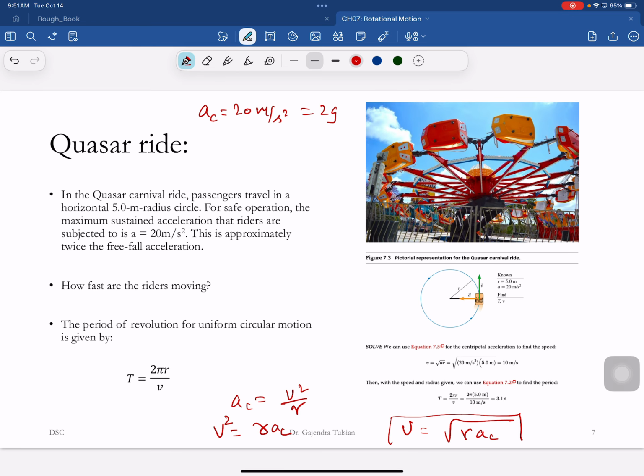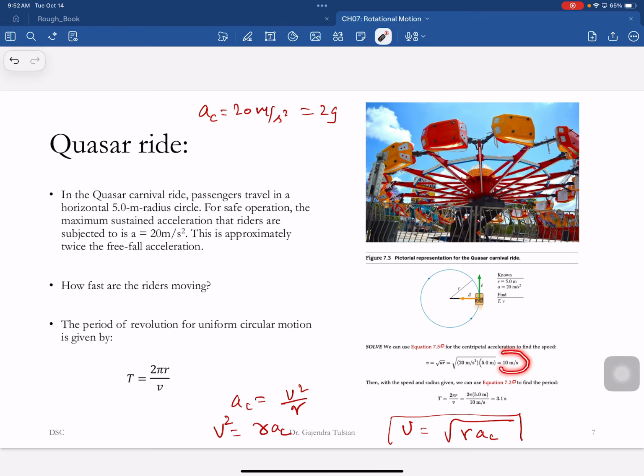Again, you don't have to be able to calculate all of this. So v, the speed at which you're going, is the square root of the centripetal acceleration times r, and the radius is 5 meters. 5 meters is, so these rides are from here to the wall. That's how big those rides are.